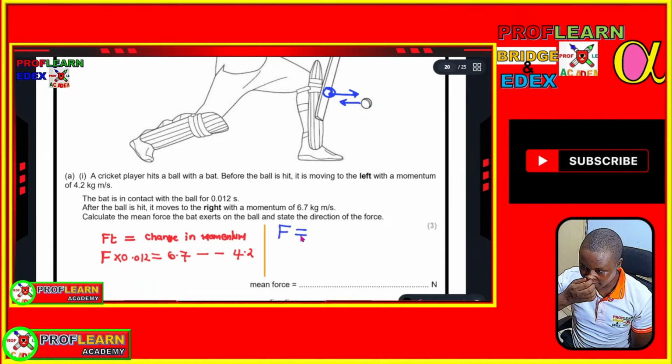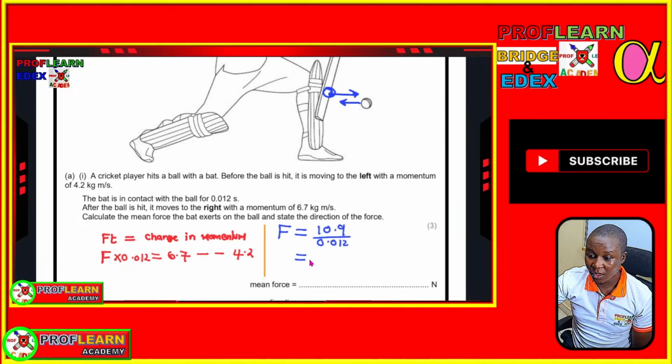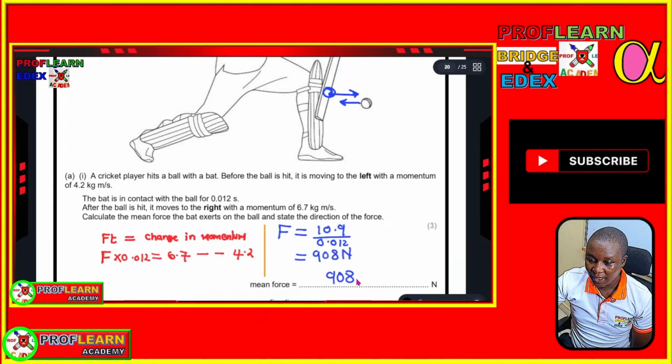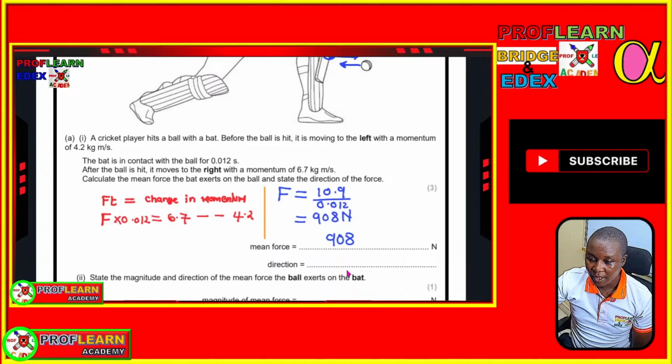If you work out the difference here, the difference is going to be 10.9, over the time, which is 0.012 seconds, so that we can work out the force. We're going to get 908 newtons. And this 908 newtons will be to the right.